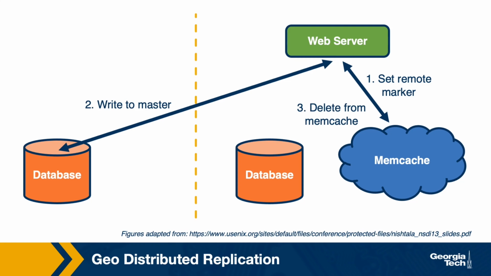Then the actual write is going to be performed against the remote master database, and at that point the local Memcache isn't updated, instead its value is deleted. This is because at that time the local database may not have the new value, so we cannot push it in the cache just yet.